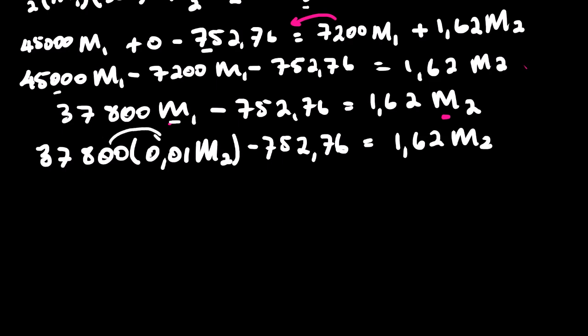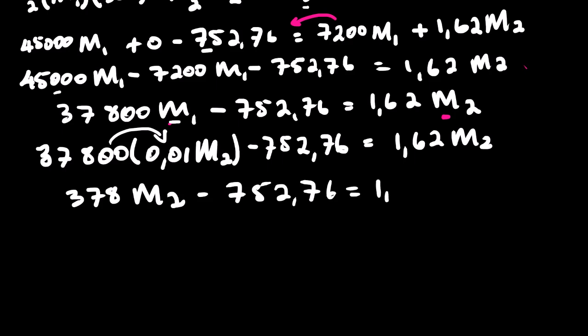Then from here we can multiply this. We get 378 m2 minus 752.76 is equals to 1.62 m2.